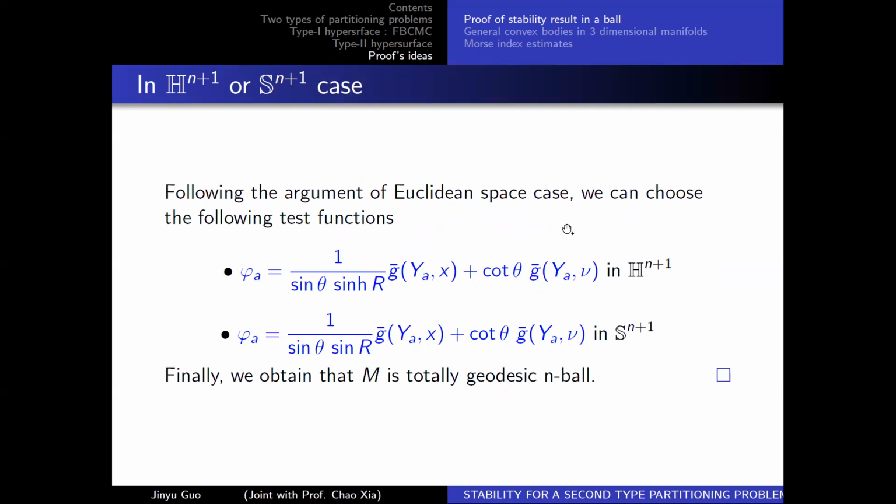And we can choose the test function phi_A in hyperbolic space and in the unit sphere. So we can follow the argument of the Euclidean space case, and prove that M is a totally geodesic n-ball in hyperbolic space and the unit sphere. So Theorem 1 is finished.